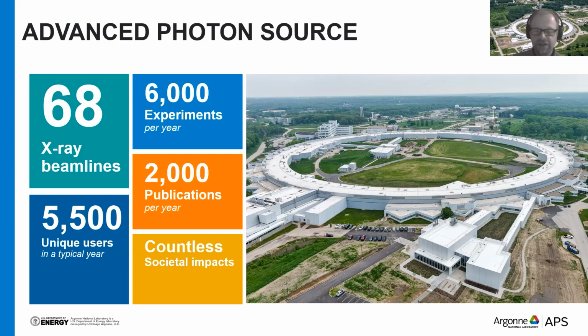We are a user facility, so people come to our facility to make use of it, mostly free of charge, though we have some proprietary experiments. We get in total about 6,000 experiments per year, and that leads to a fair number of publications. And these are across the various sciences, going from looking at integrated circuits to studying vaccines against COVID. Next slide, please.